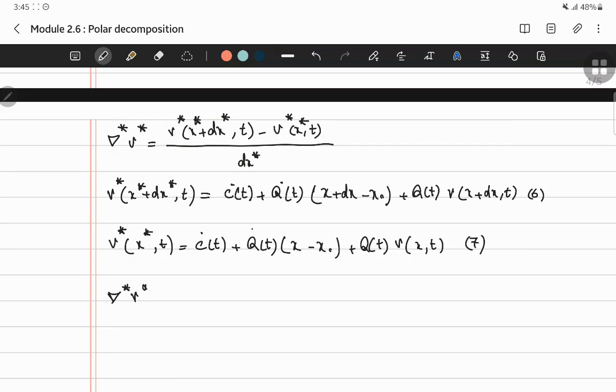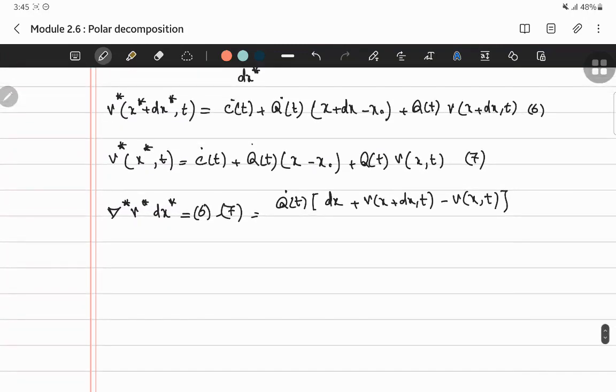So del star v star dx star from here is equal to 6 minus 7, which is, this cancels out with this. We have Q dot t times, of x plus dx, only the dx remains, plus here we have v of x plus dx and t minus v of x and t, and that's it.